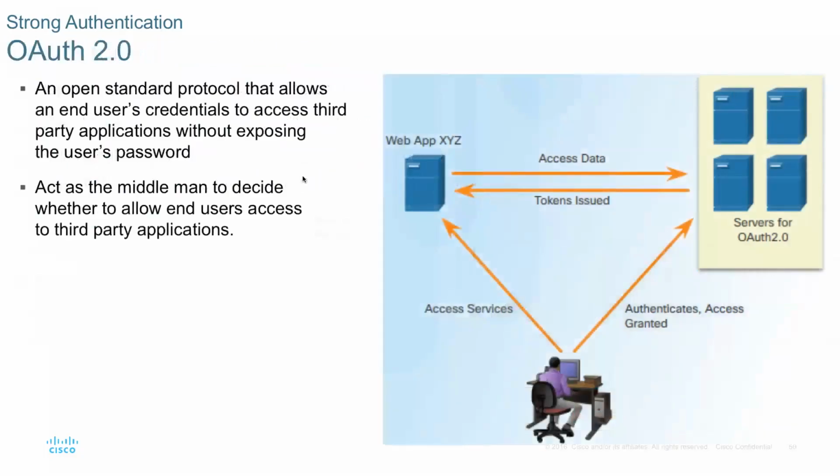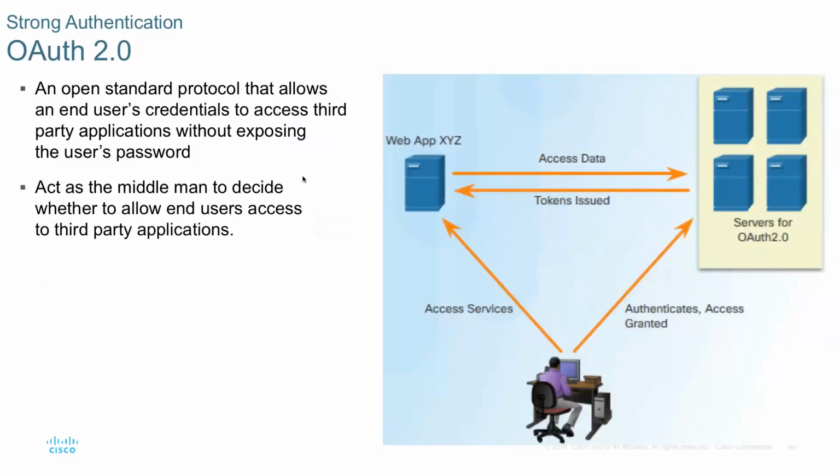And I'm going to show you a sample of this in a little bit, but Open Authorization 2.0 allows an end user's credentials to access third-party applications without exposing the user's password. So we have here someone that's trying to access the web app XYZ, but instead of going directly to that web app XYZ and getting authorization, it's going to go to some other servers that are for open authorization, and it's going to log in through those.